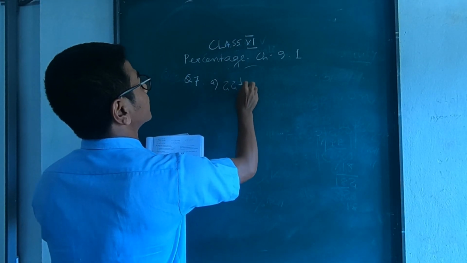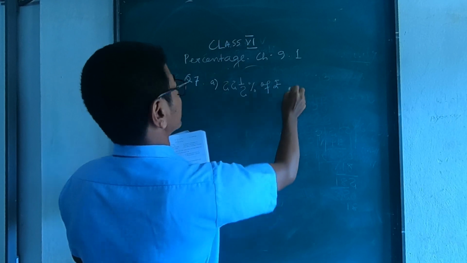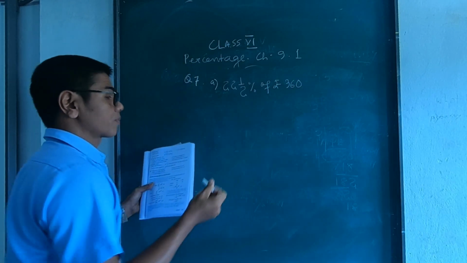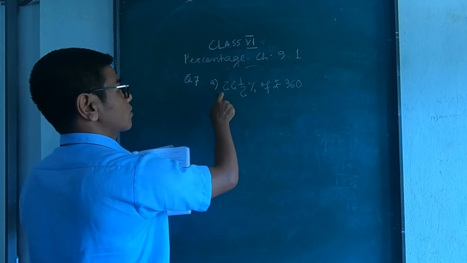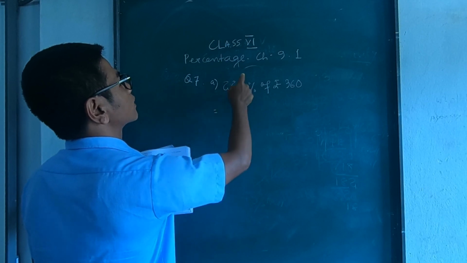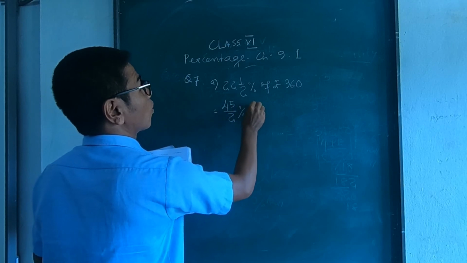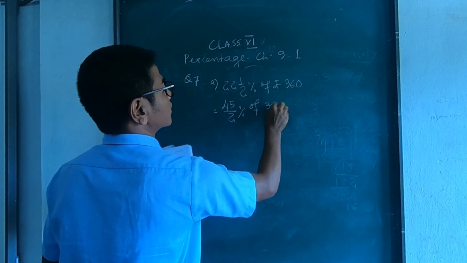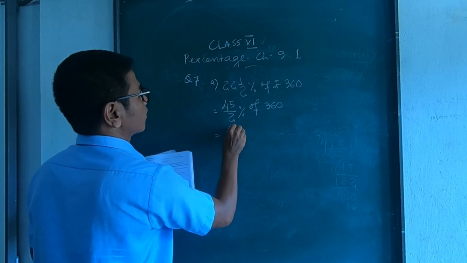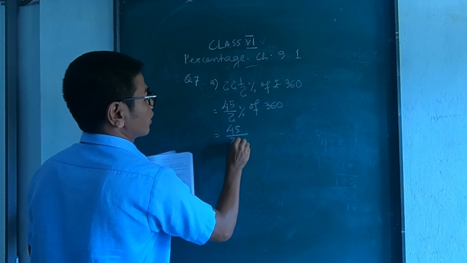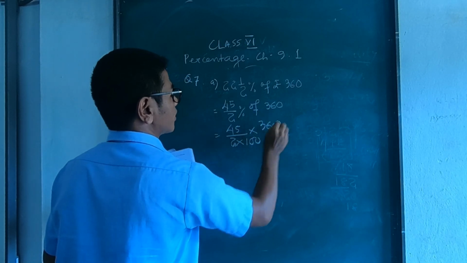22 1 by 2% of rupees 360. Please make note. Let us make it an improper fraction from the mixed fraction. This is 44 plus 1, 45 by 2%, of, let us avoid rupees for some time. Now we already know percentage value is 100. 45 by 2 into 100 of, which means multiply, 360.